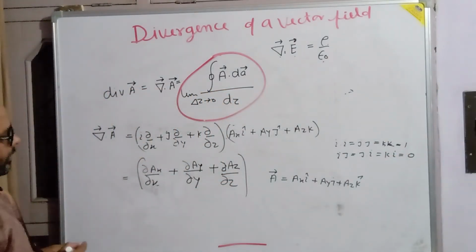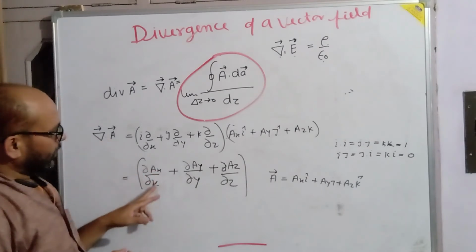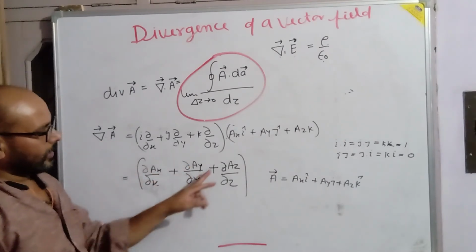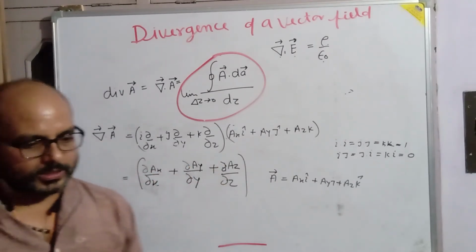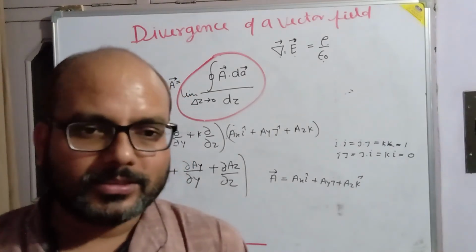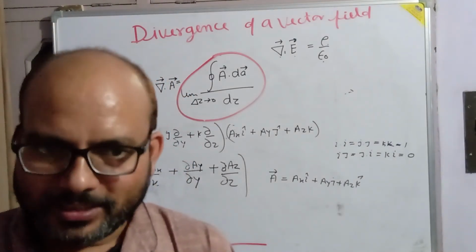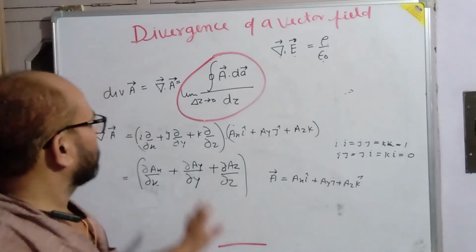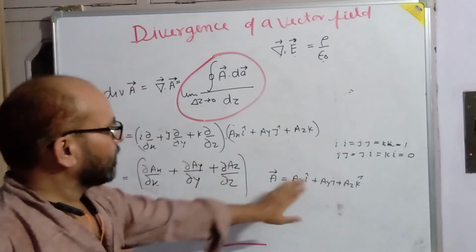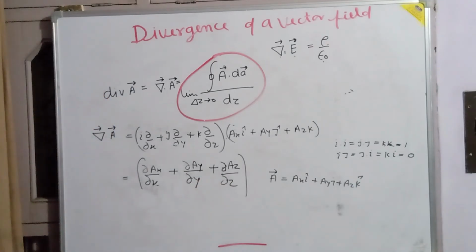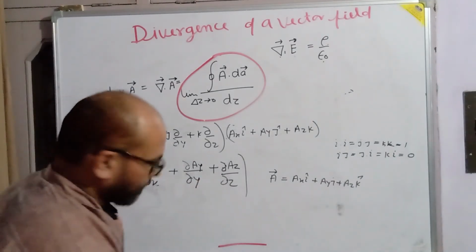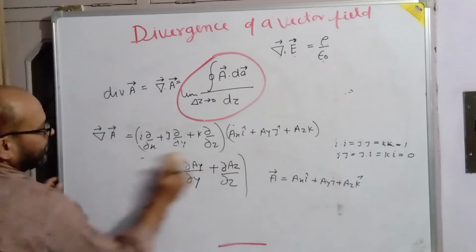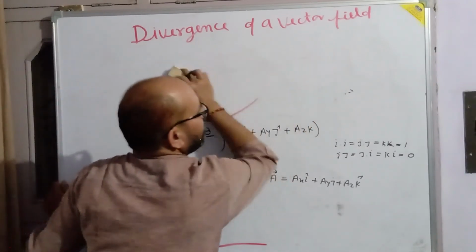So here the divergence of a vector field is del ax upon del x plus del ay upon del y plus del az upon del z. So it is clear कि divergence changes a vector field into a scalar field. Okay, scalar field.